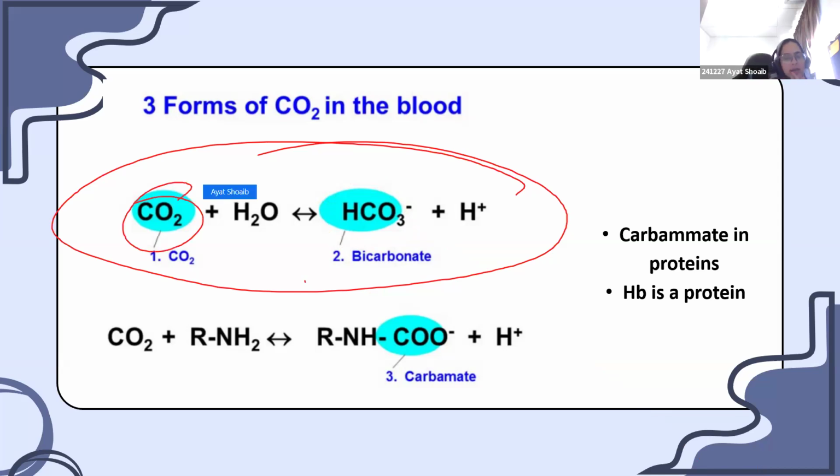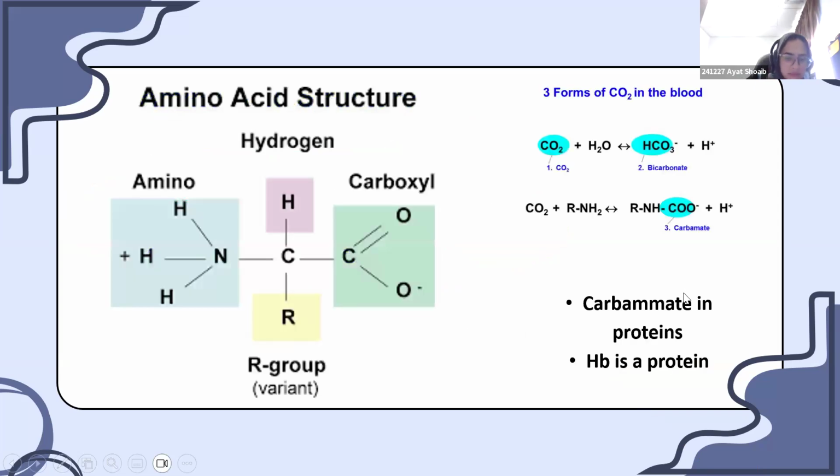Another thing, as I told you, hemoglobin is a protein, right? Proteins are made of amino acids, and this is the amino acid structure. Amino acids basically have an amino group, which is here.